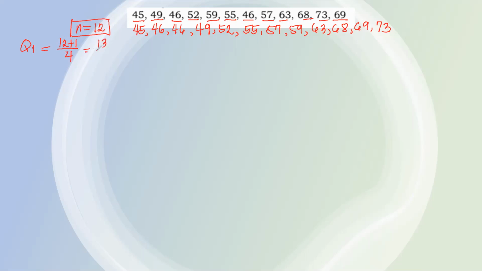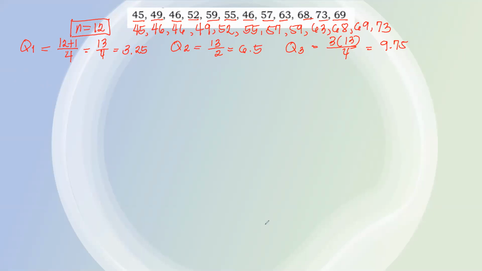So we have 13 divided by 4, 3.25, right? How about for Q sub 2? That is 13 divided by 2, which is 6.5. And Q sub 3, that is 3 times 13 divided by 4, which is equal to 9.75. So gamit tayo ng Mendenhall.